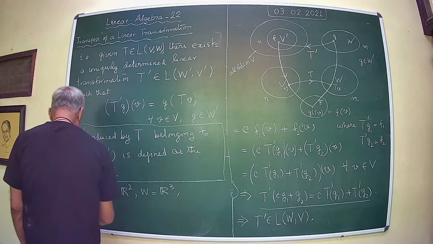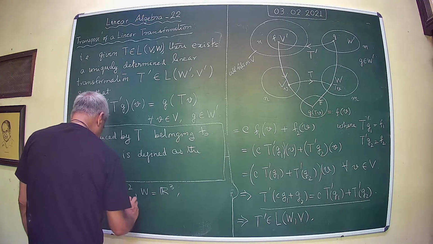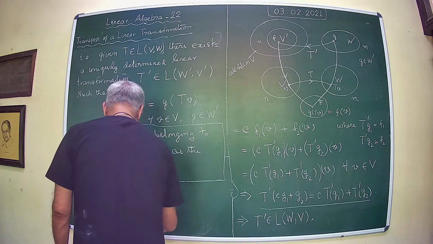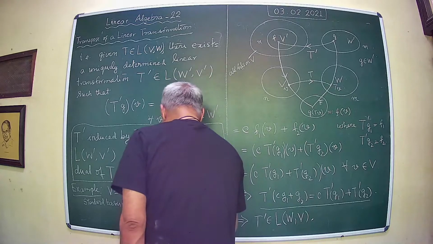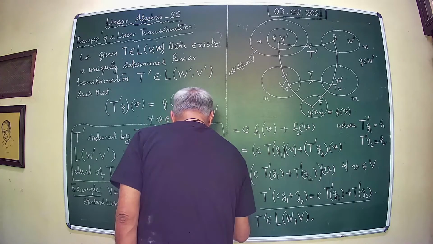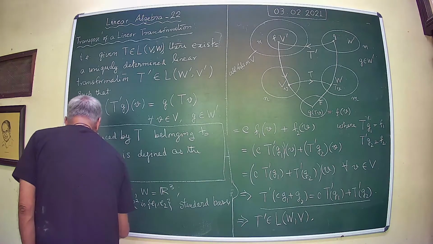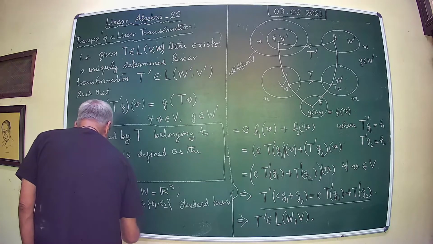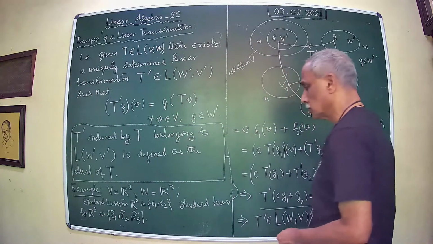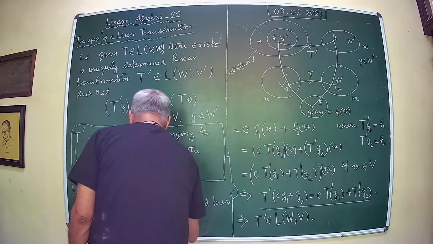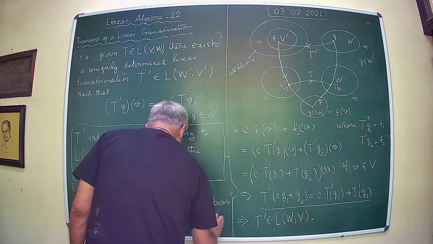So you call this respectively B, V and W respectively.